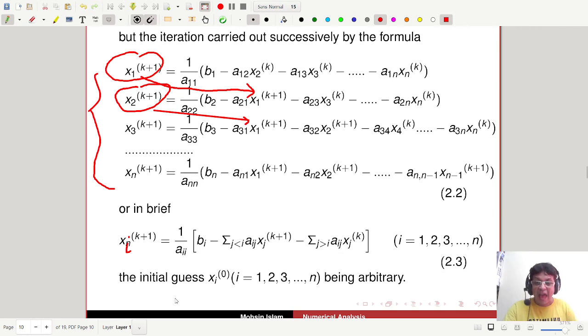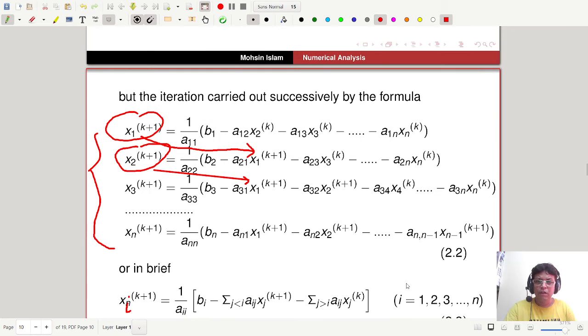This is the system, and the initial guess xi not is arbitrary. So that is the difference. You can use the improved values in the just next equation, but in the Gauss Jacobi method, you can use the improved values only in the next iteration, not in that iteration. So Gauss Seidel is faster to converge than the Gauss Jacobi iteration. So if nothing is mentioned in the problem, you can use Gauss Seidel iteration.